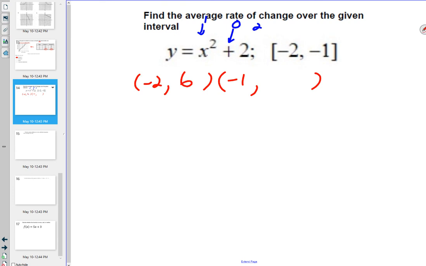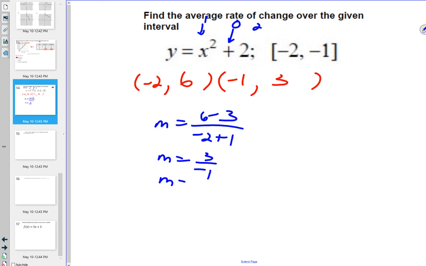It's 6. What's negative 1 squared plus 1? Plus 2 is 3. And now you can just do slope formula. 6 minus 3 over negative 2 plus 1, which is 3 over negative 1, which is negative 3.